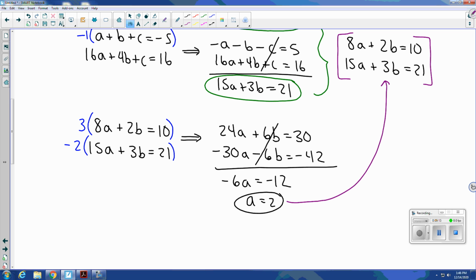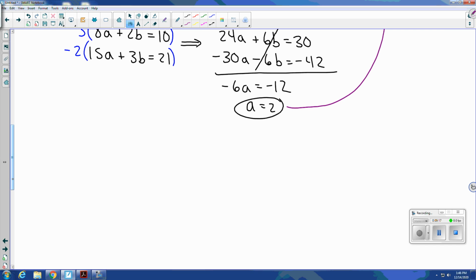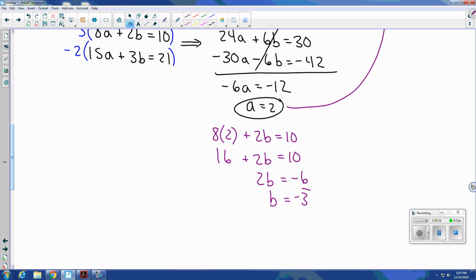So how about we select the top equation? If I do 8 times 2, by substituting 2 in for A, plus 2B is equal to 10, I'll get 16 plus 2B is equal to 10. We'll get 2B is equal to negative 6, and B is equal to negative 3.